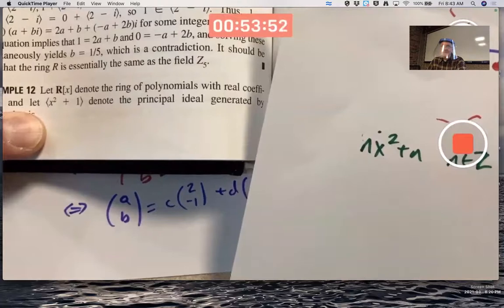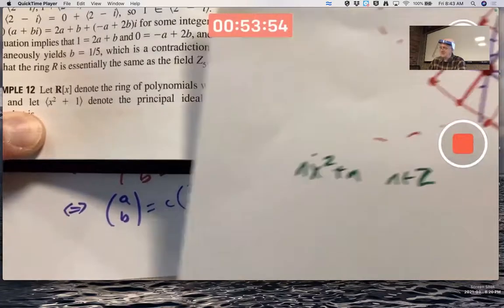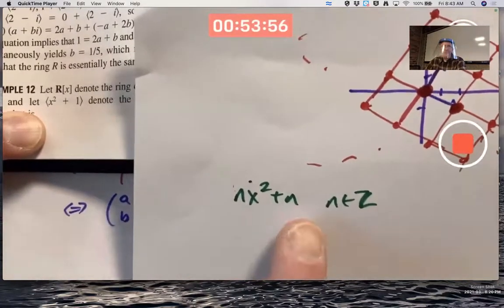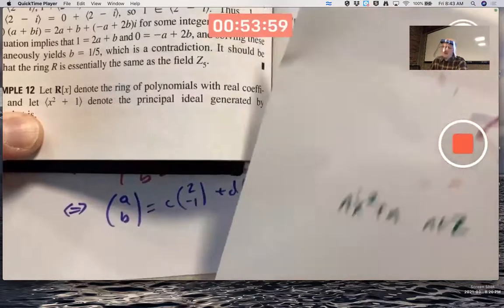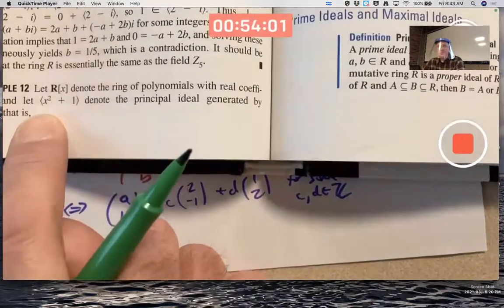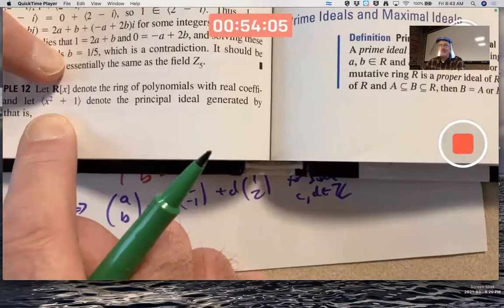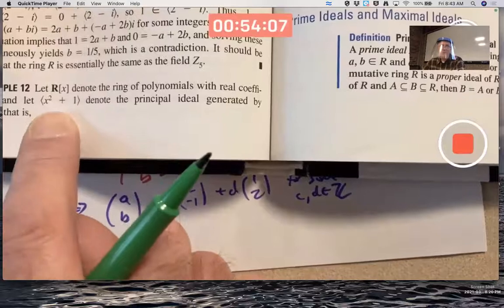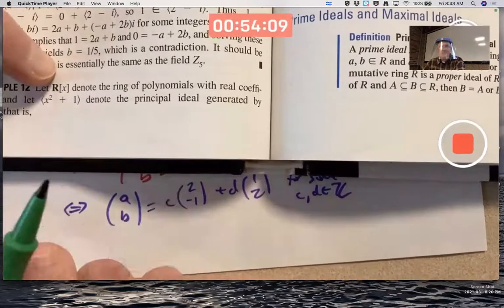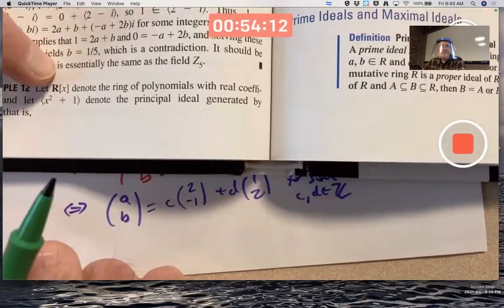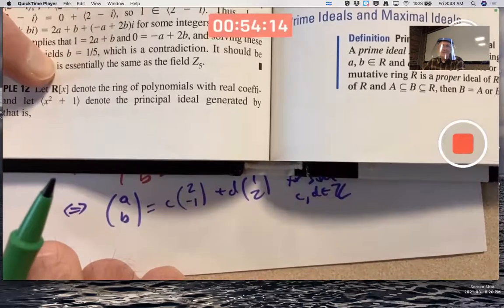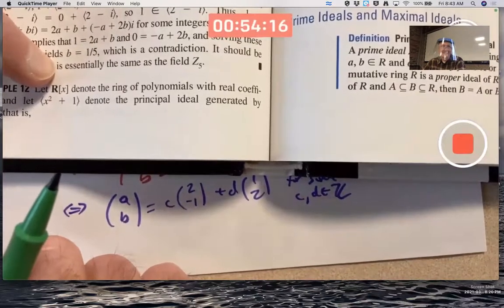But the principal ideal generated by this is not just those polynomials. I got to multiply this by an arbitrary polynomial in here. What kinds of polynomials can I get by multiplying x squared plus 1 by arbitrary polynomials in here? Or maybe another question you could ask is, what polynomials can I not get?